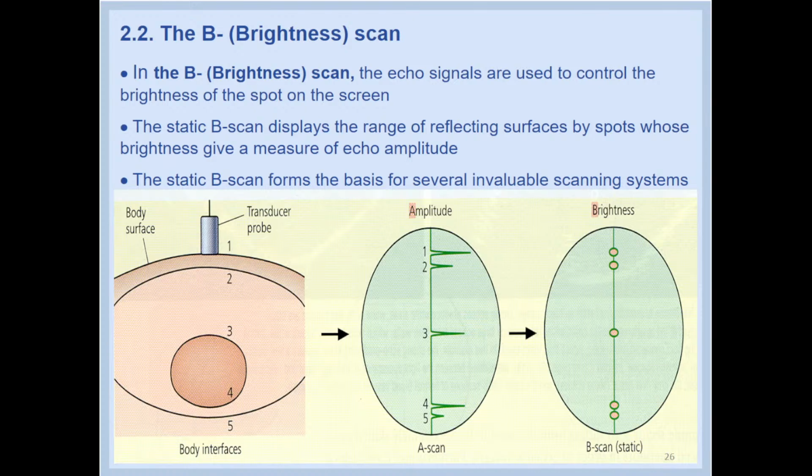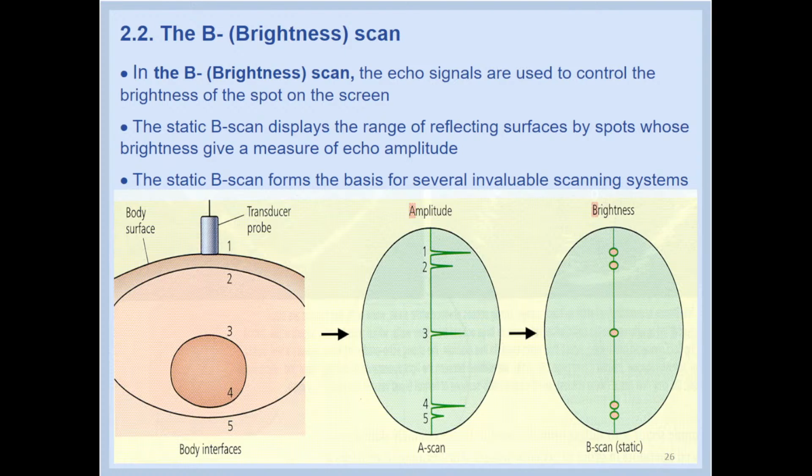Hence, the static B-scan displays the range of reflecting surfaces using spots whose brightness give a measure of echo amplitude. Not the peak amplitude, but the spot brightness measures the echo magnitude.